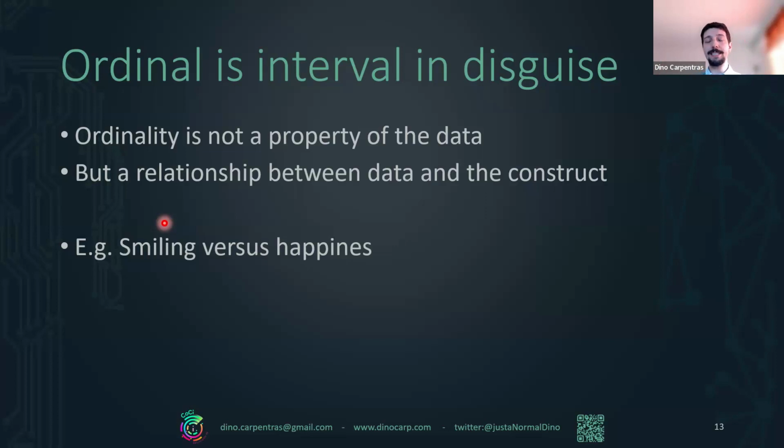We can assume that if smiling increases, then also happiness increases. But we cannot assume that the relationship is going to be linear, which means if you smile twice more, you're also twice as happy. And this is pretty much ordinality. What ordinality is telling you is that there is a relationship between your data and what you want to actually measure. The relationship might be ordinal, but you cannot say that it's going to be linear.